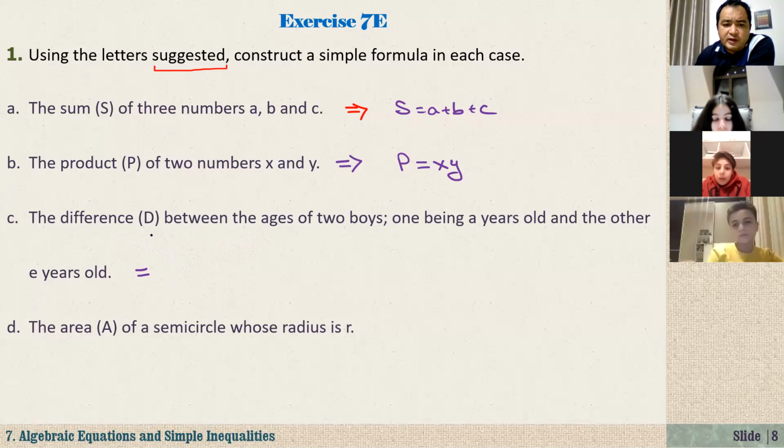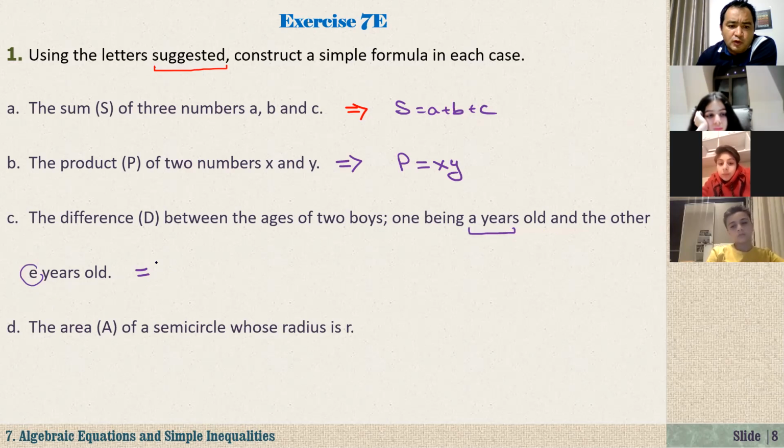The difference, D. The difference between the ages of two boys, one being A years old and the other E years old. So what will be the difference between these boys' ages?